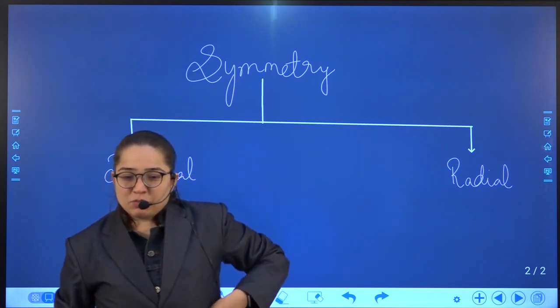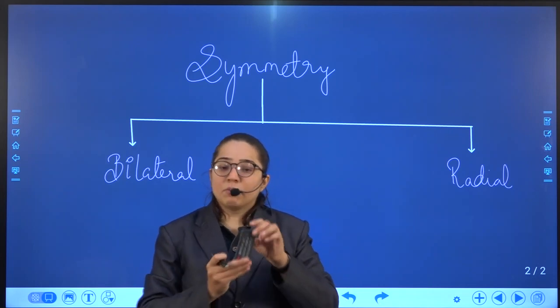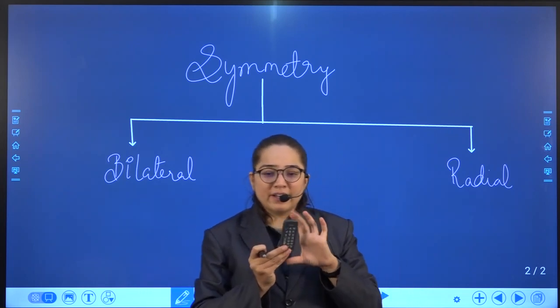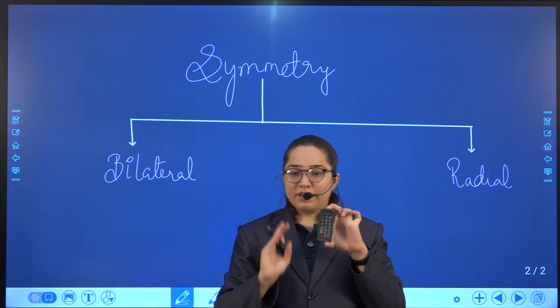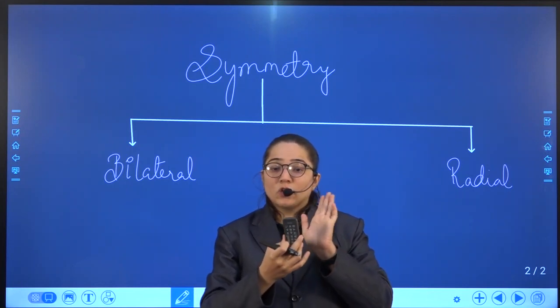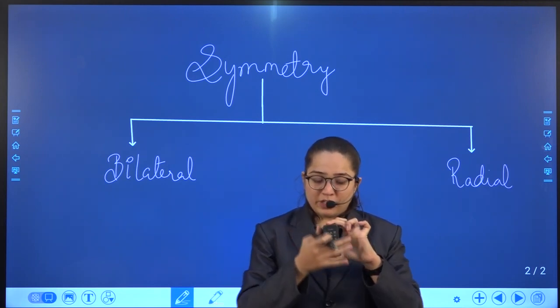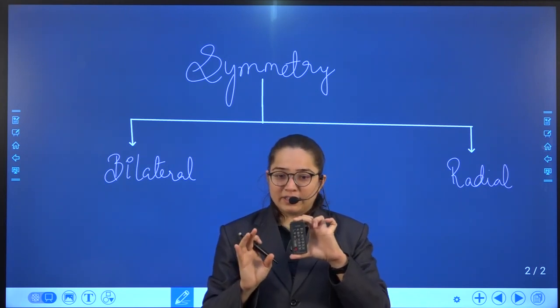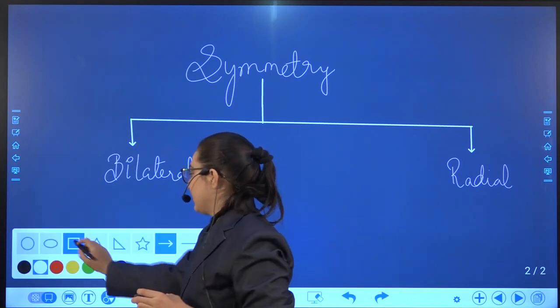Let me give you one very small example. For example, if we are having this remote, if I want to divide it into two equal halves, how can I divide it? It's a rectangle.